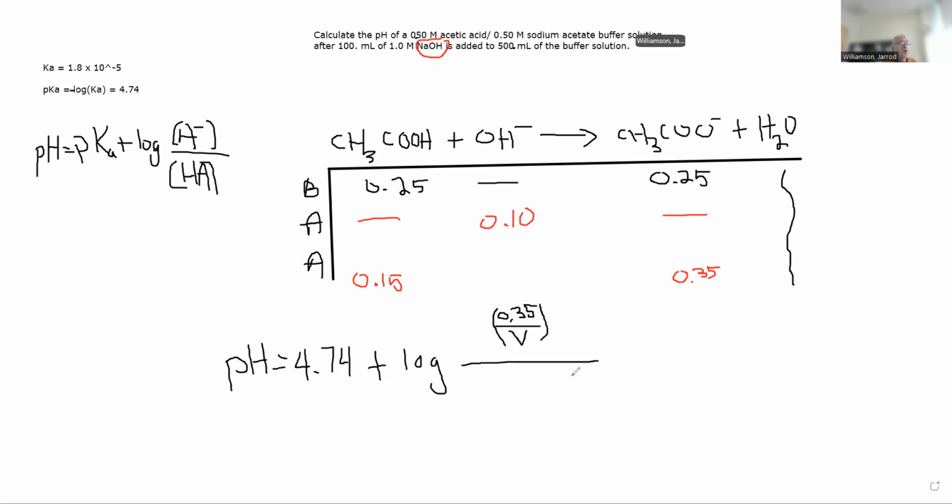Right? The moles divided by the volume. We agree on that. And this concentration at the end will be 0.15 divided by whatever volume it's in.